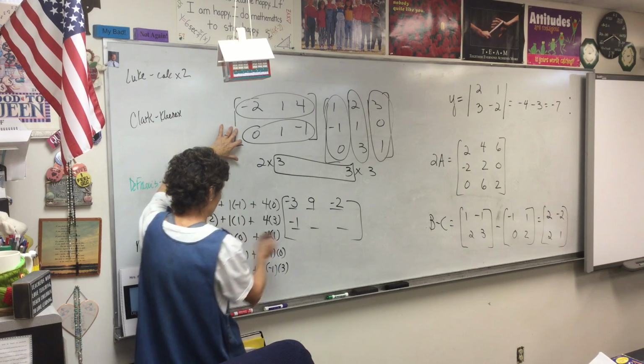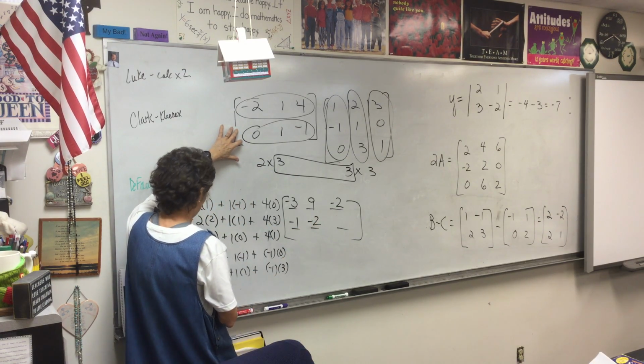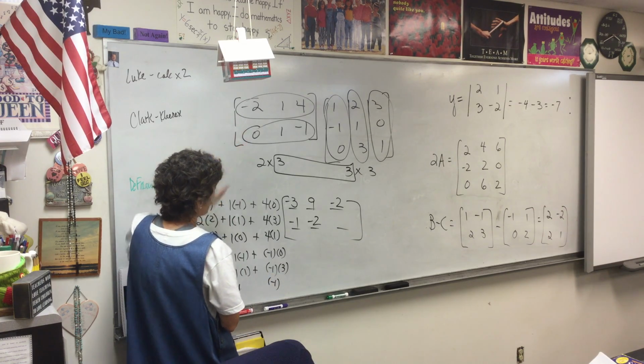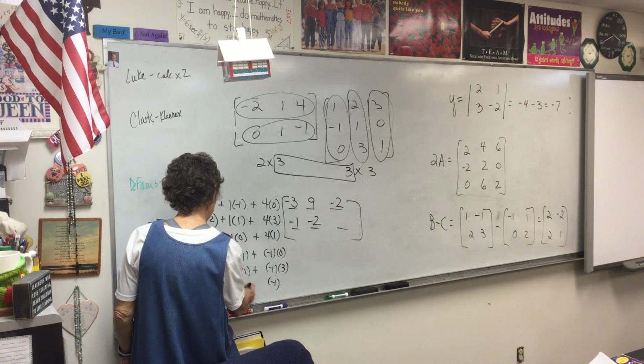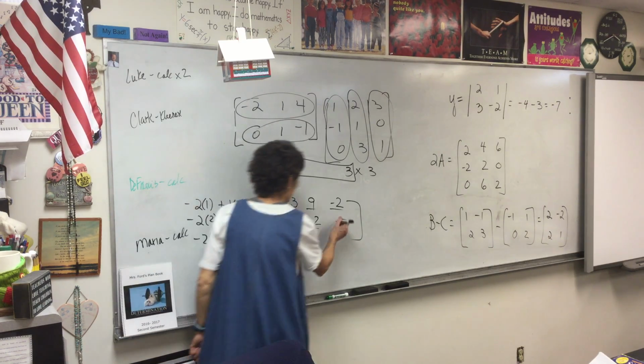Negative 2? Got a 1 and a negative 3. And finally, 0, 1, and negative 1. And 3, 0, 1. Just negative 1?